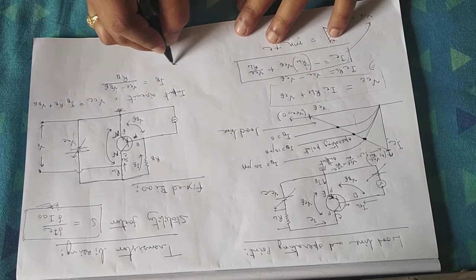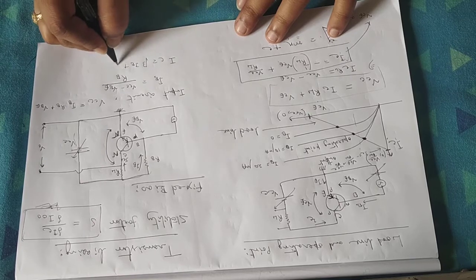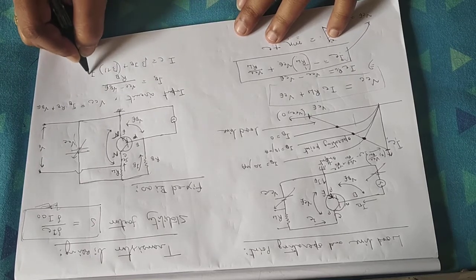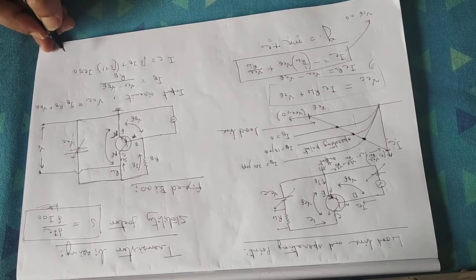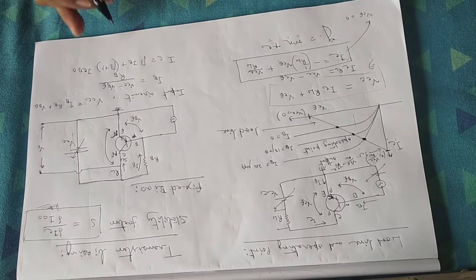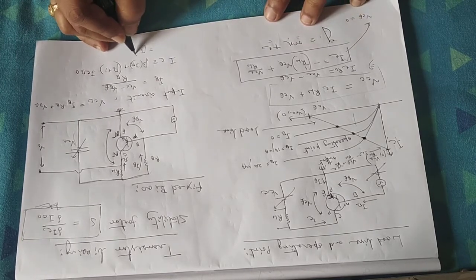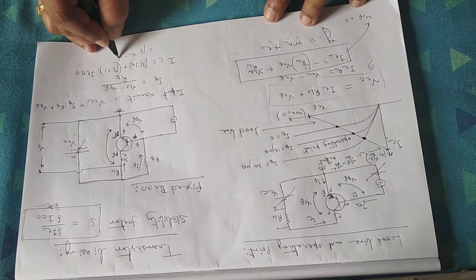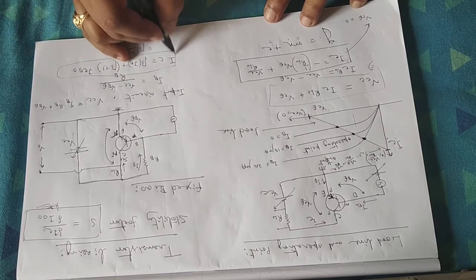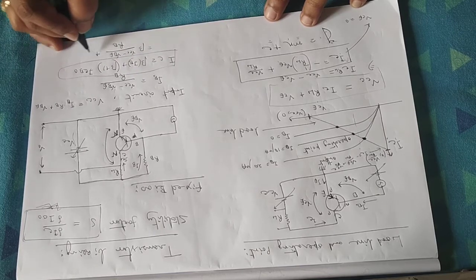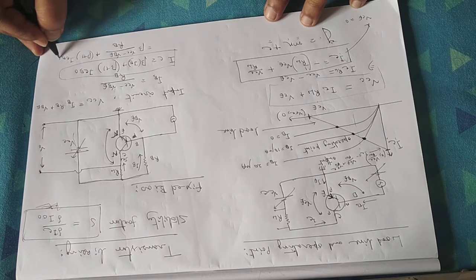You know the equation IC equals beta IB plus beta plus 1 into ICBO, the small signal or leakage current. Now put in the value of IB that you have calculated. It will be beta into VCC minus VBE divided by RB, an equation we get from the transistor characteristics we have already discussed in class, plus beta plus 1 into ICBO.